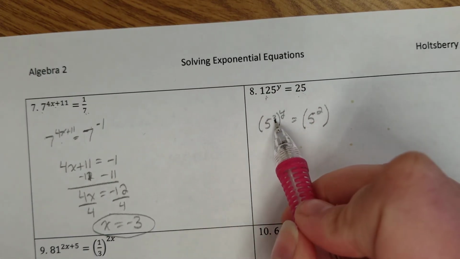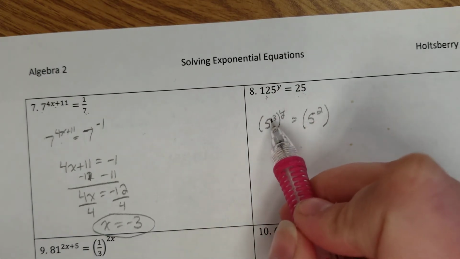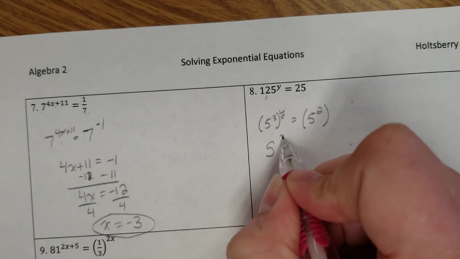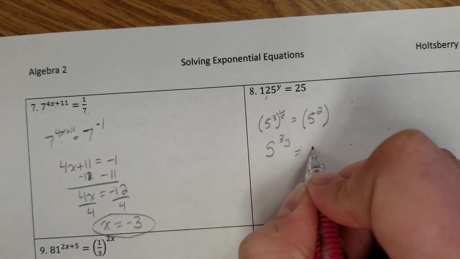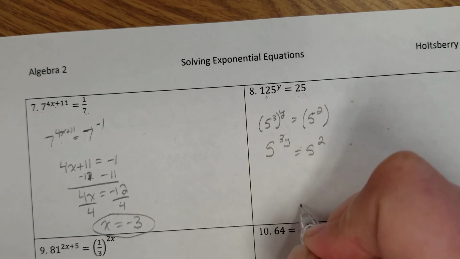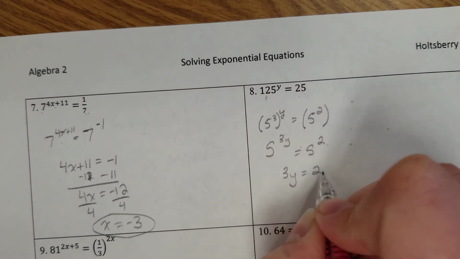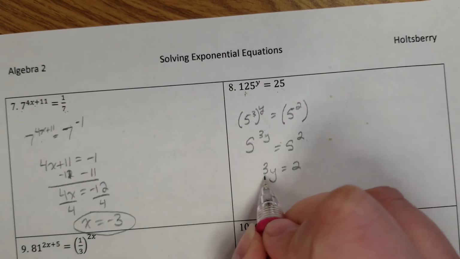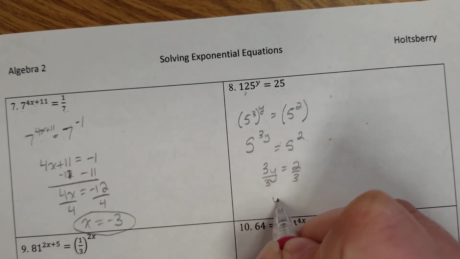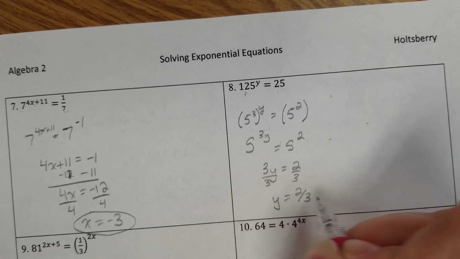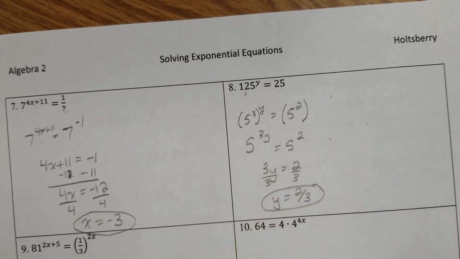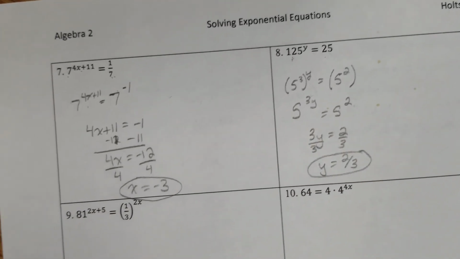Remember, if you have an exponent inside and outside, you multiply them, so this becomes 5 to the 3y equals 5 squared. And now we can just set the exponents equal, so that we have 3y equals 2, and then divide by 3, so y equals 2/3. And that is the answer for that.